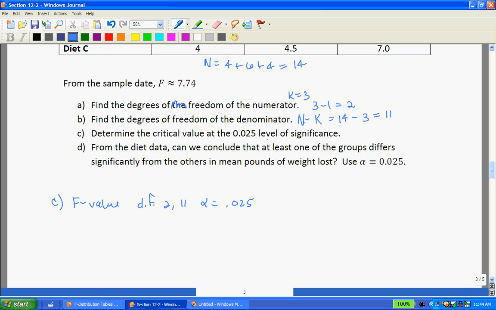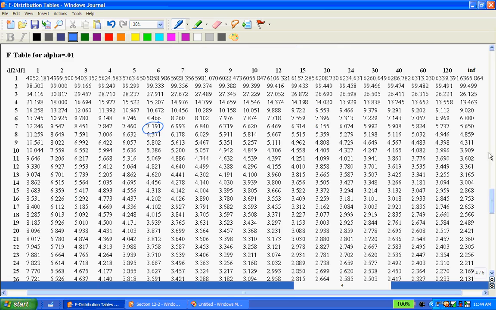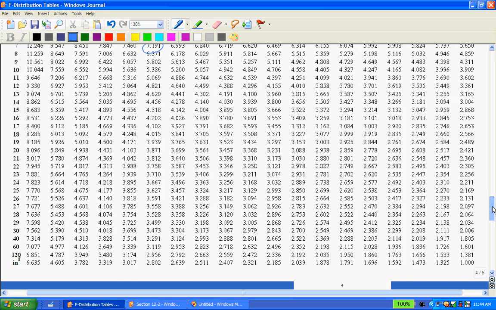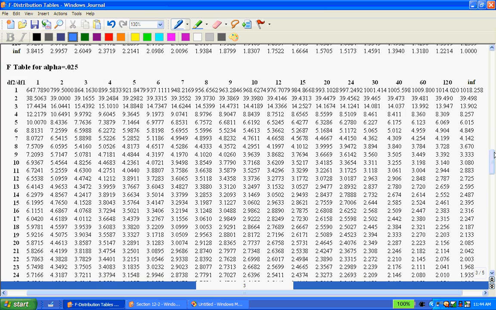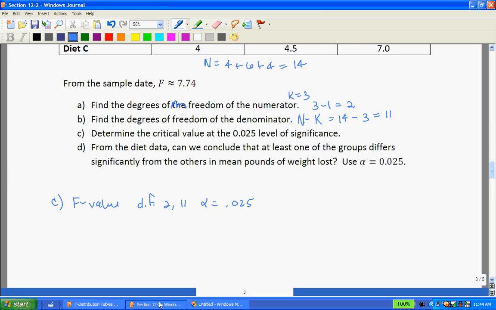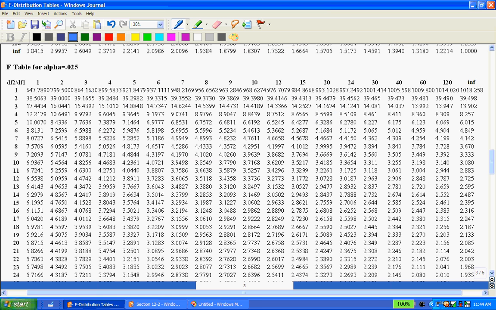And remember, we have to identify alpha first because that's going to tell us which table to use. And so we come back up here, 0.025. And for the numerator, we have 2 and the denominator 11. So it looks like our value is right here, 5.2559.